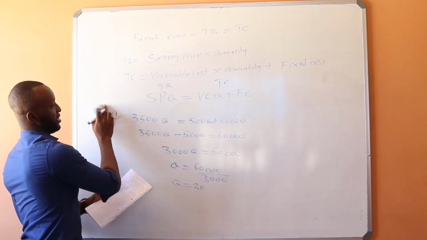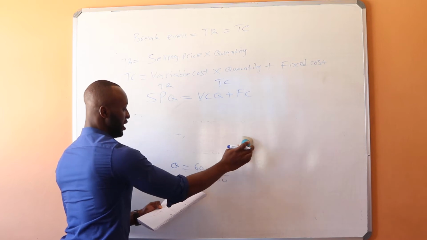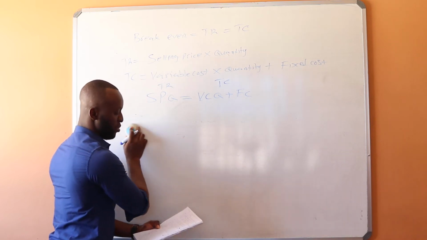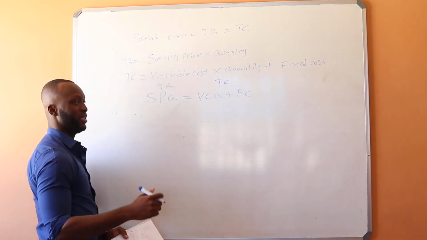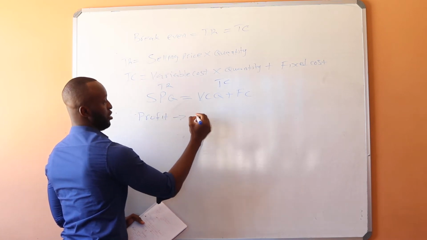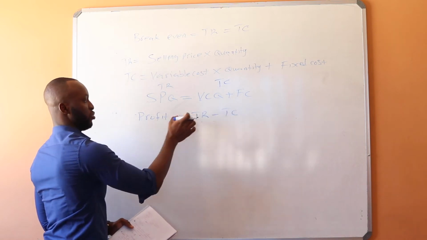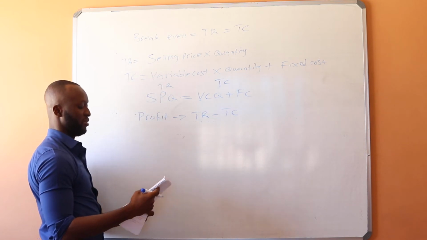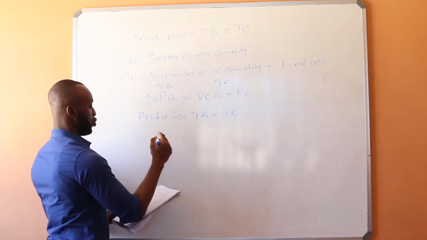The second question says if the firm plans to sell 30 kitchen units per month, calculate its expected monthly profit. Now, profit is simply total revenue minus total cost. Revenue minus cost will give you your profit. The question says the firm sells 30 kitchen units, so that is our quantity.